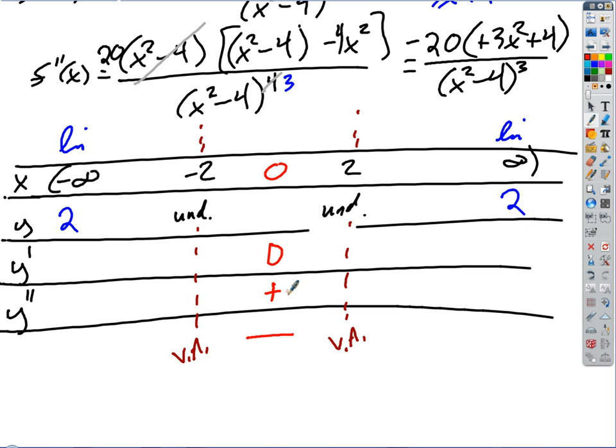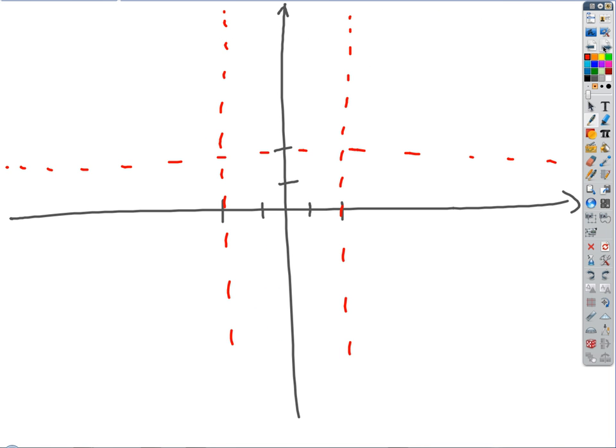Remember what that makes. If we have a 0 first derivative and a positive second derivative, that's a happy function, right? So that's going to be a minimum, and that allows us to do this, doesn't it? Now we know what's going on there. Okay, we filled in that part.